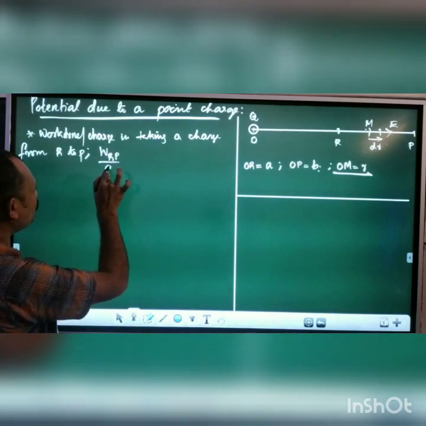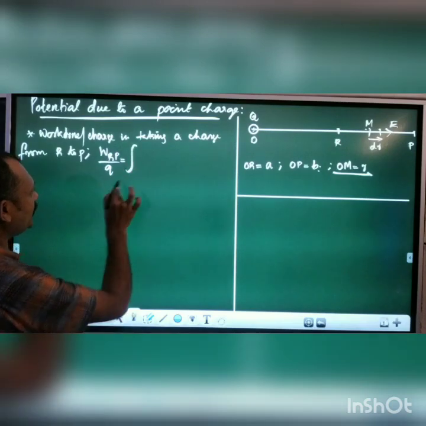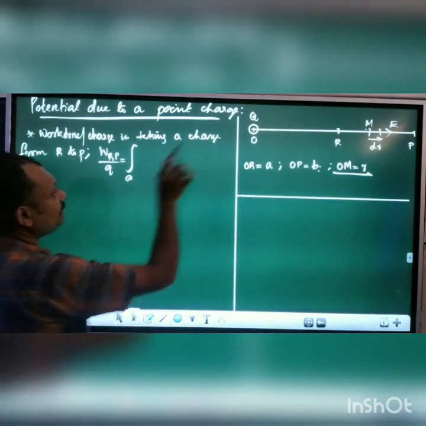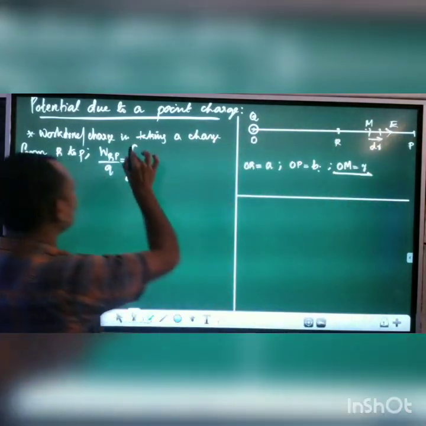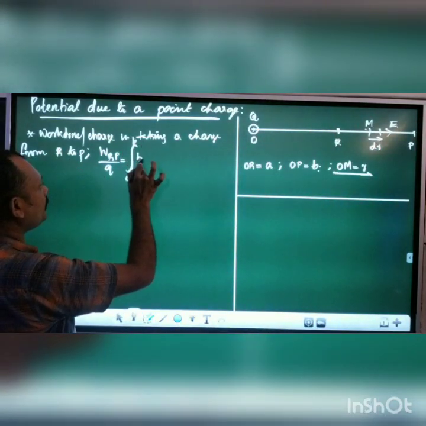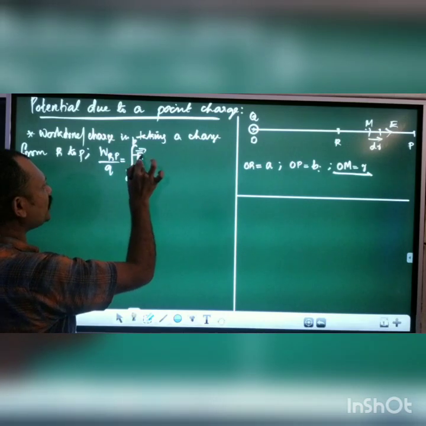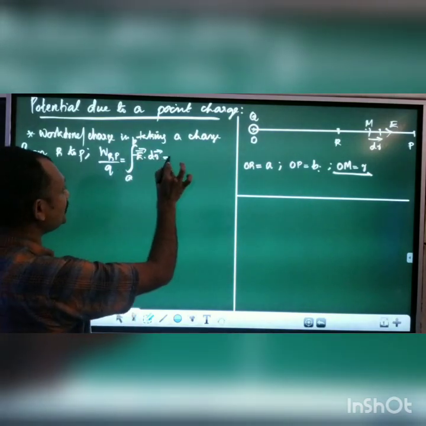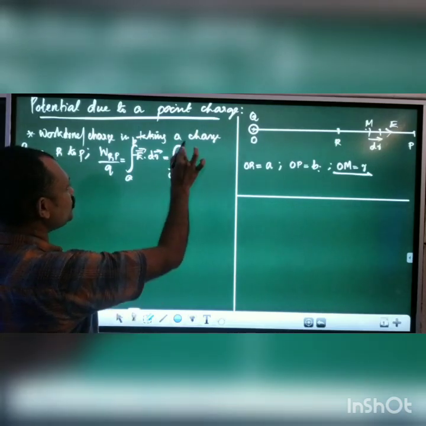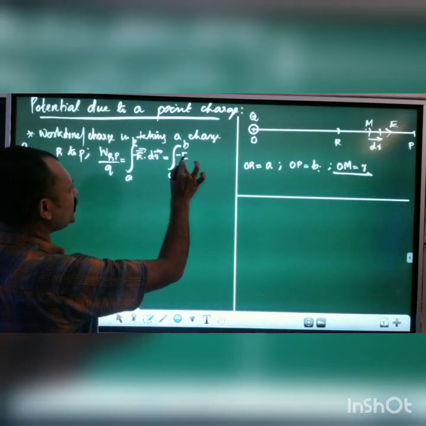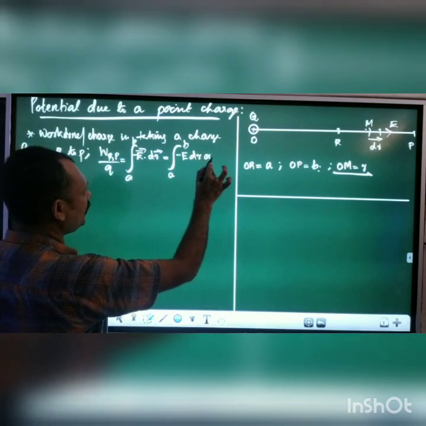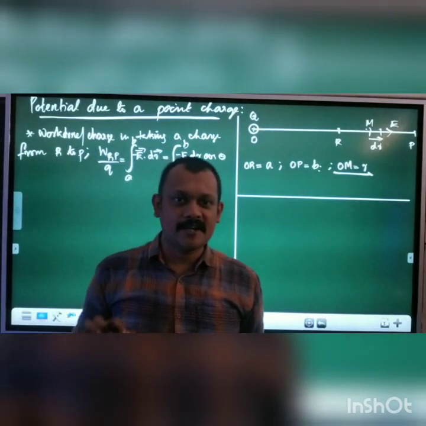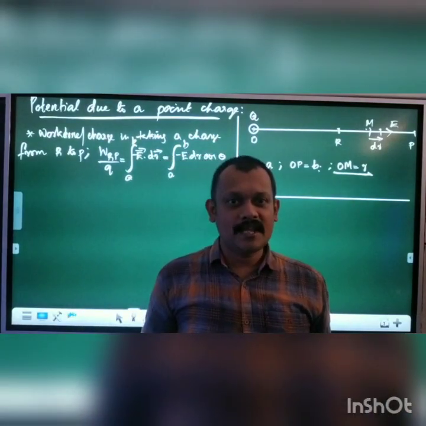W_RP by Q is equal to integral, with initial distance A and final distance B, integral A to B of minus E dot dr, or in other words, integral A to B of minus E dr cos theta, where theta is the angle between the electric field vector and the displacement vector.